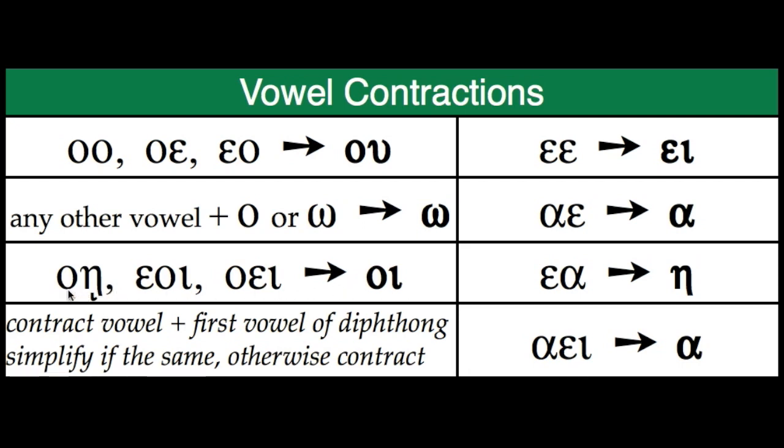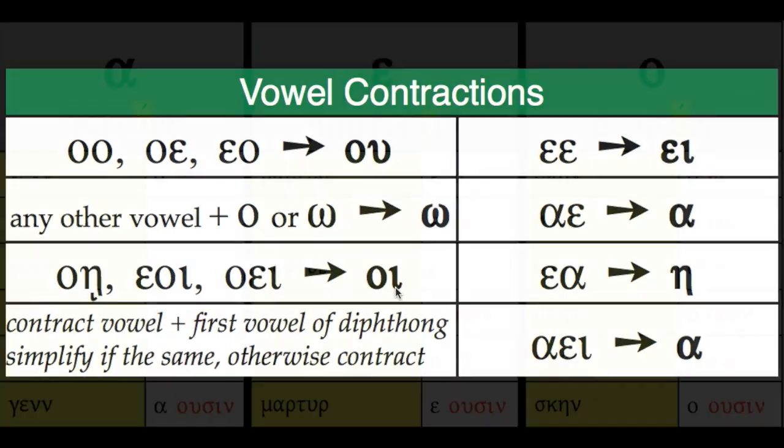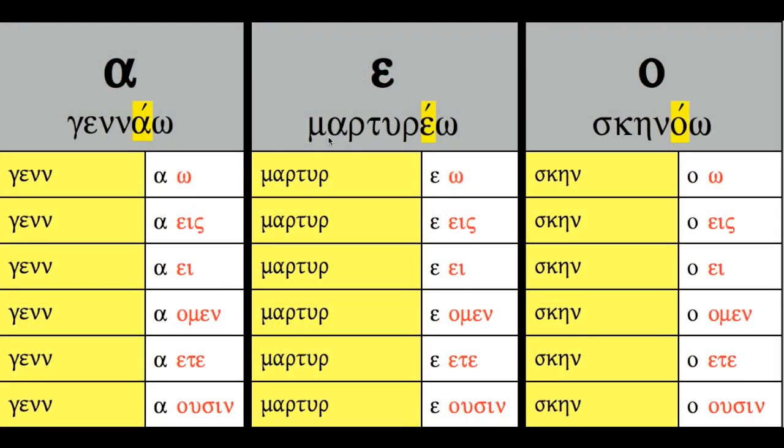It's a little more complicated, but omicrons plus etas with the iota subscript, or aoi or a becomes oi. And we saw that with pleirao, we saw pleirois, pleiroi, things like that. So let me just show you how to apply this chart, and you can see how these rules are applied to create the contracts. Let's apply the rules now to 3 verbs.